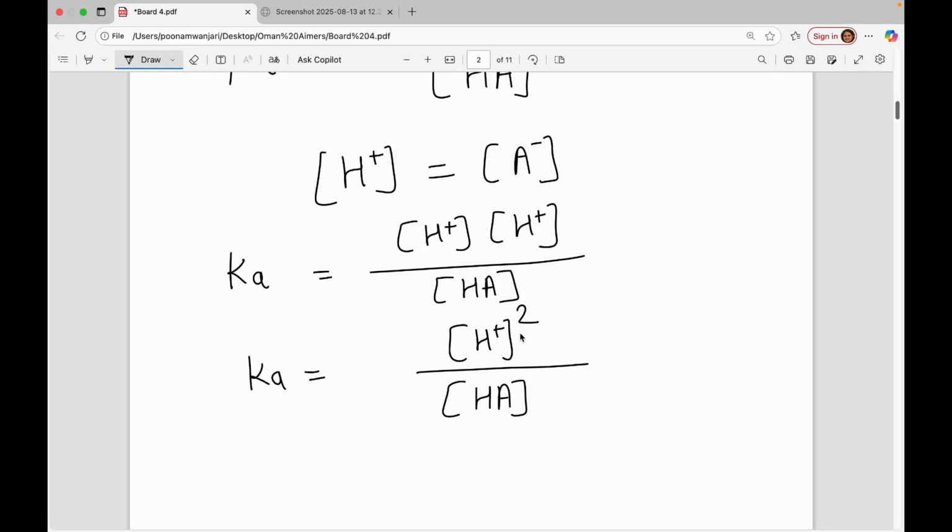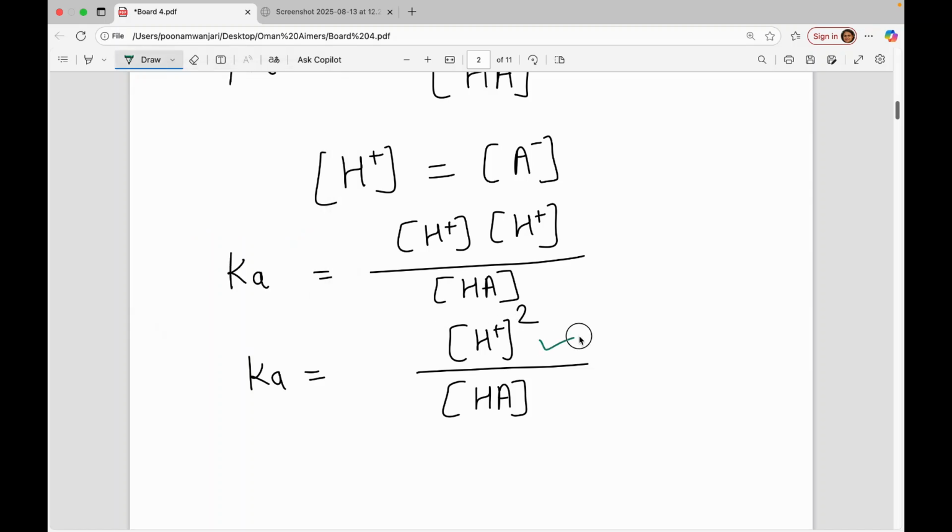So this is the equation, student. By using this equation you can again calculate the value of the dissociation constant, but we are mainly focusing on the calculation of pH. So to calculate pH we need to rearrange this equation to calculate the value of H plus.